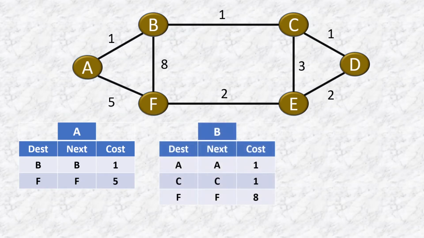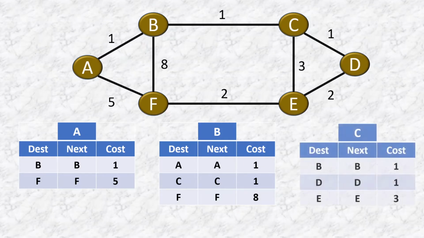Similarly, if we were to look at node B, then B has neighbors A, F, and C, and you can see that reflecting in the routing table that it initially compiles. How to get to its neighbors, and it would be at a cost of 1, 8, and 1. That is exactly what you see there. Node C will do exactly the same.